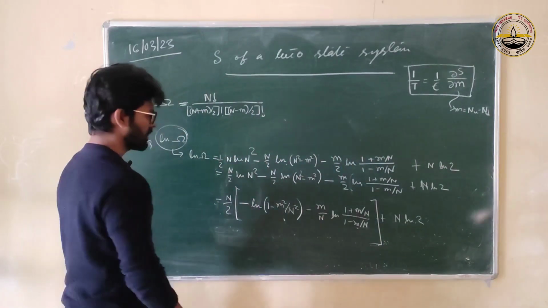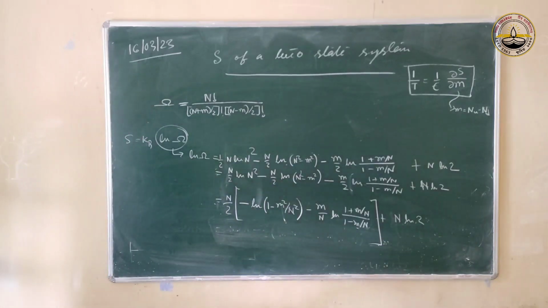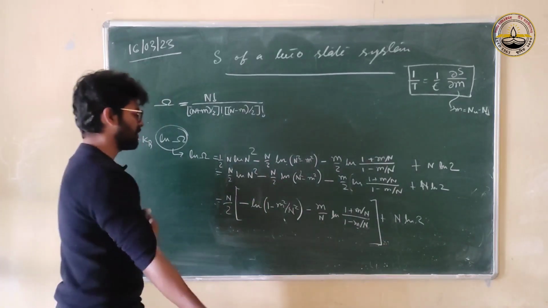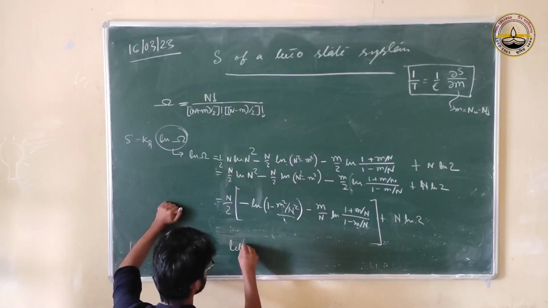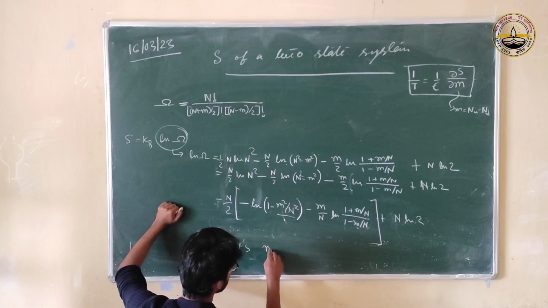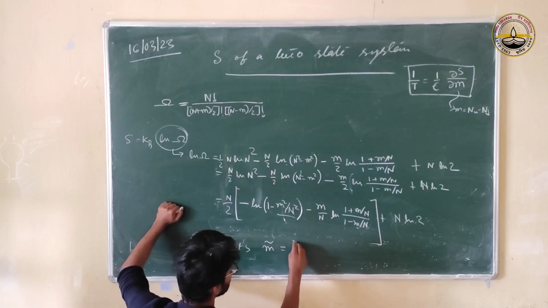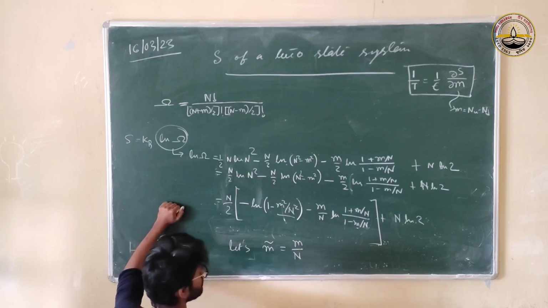Right? Okay. Here I'm going to use a variable that will help me simplify everything. So m over n, let's say m tilde equal to m over n.